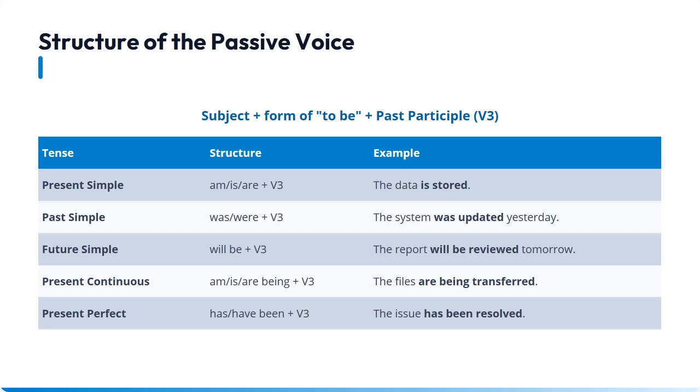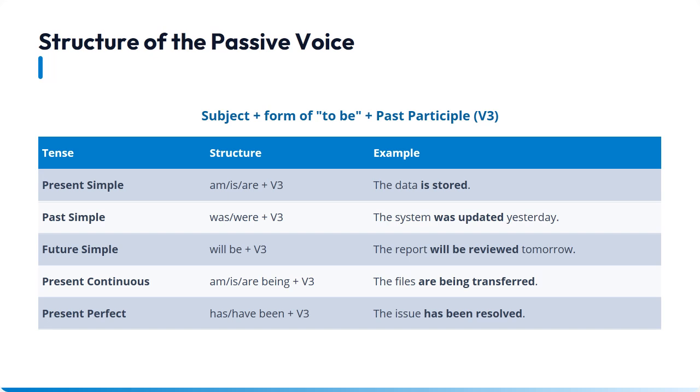However, when the action is in the past simple, that is to say the action was completed in the past, we form the passive by putting the verb to be in the past simple plus the past participle, that is to say was or were plus the past participle. For example, the system was updated yesterday.